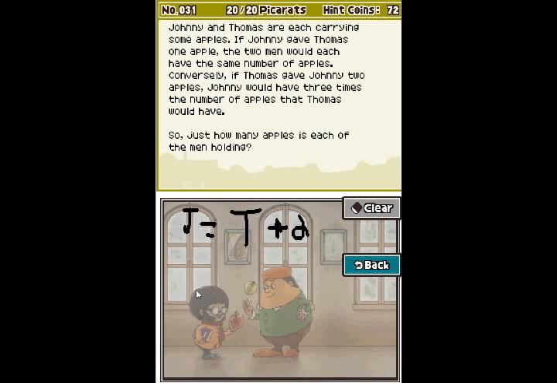So, J plus 2 equals 3 times Tommy minus 2. Right? Right.